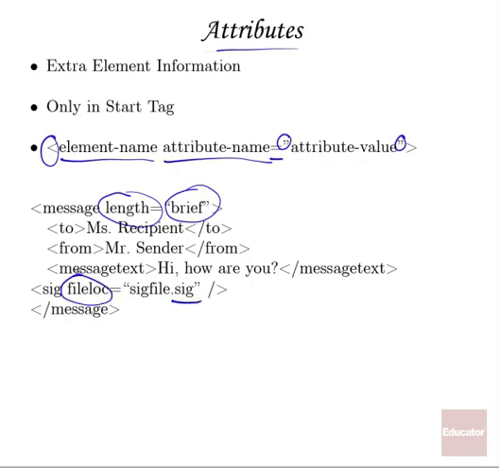I could put an attribute that I call file loc for file location, and then I could indicate using a URI or some kind of file system where exactly the file that I want to use is for my signature. These are a couple of examples of how to use attributes. You can see how they come in handy for an empty element where it's not quite clear what exactly an empty element might be for.